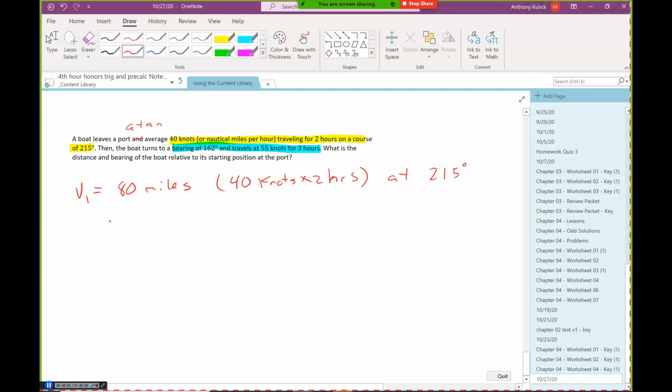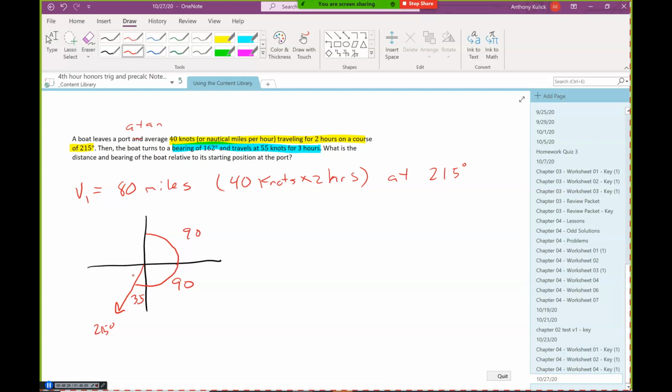So what I'm going to do is resolve this, or transform that bearing, into an angle of rotation. So here's 90, 90, and this piece must be 55, right?